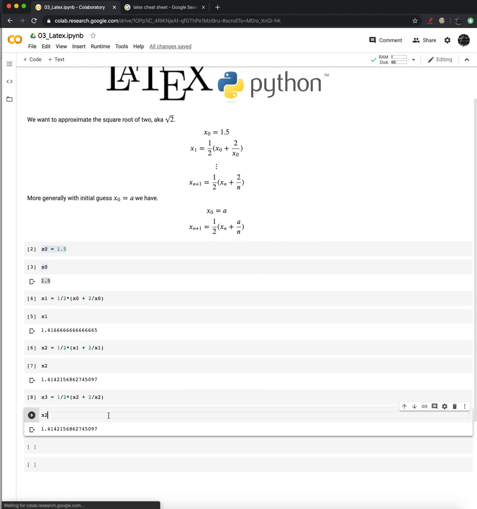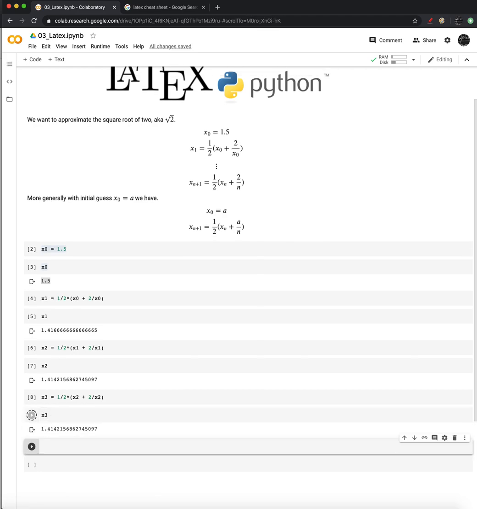Oops, x3. Okay, and that's how we can make some just basic approximations and calculations using the Jupyter Notebook, as well as represent things using some LaTeX in the text cells.